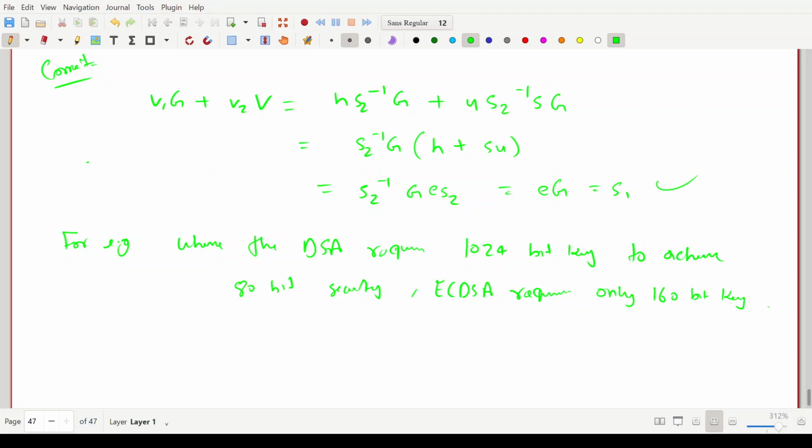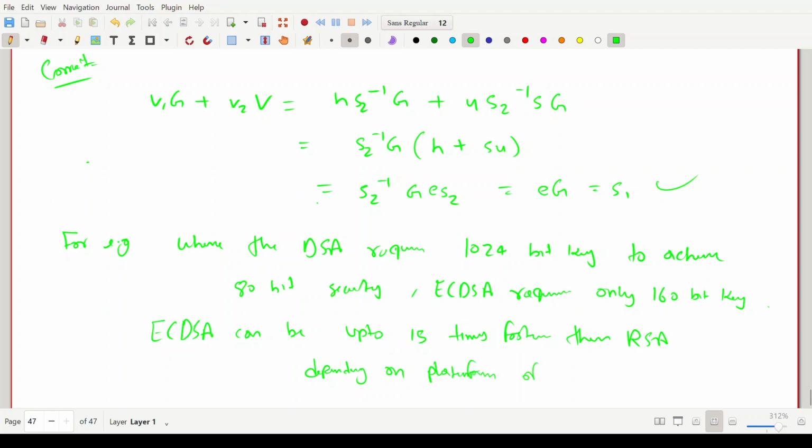So that means ECDSA can be up to 15 times faster than RSA, depending on the platform of implementation.